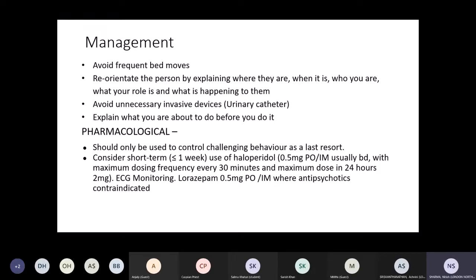Sometimes with an agitated patient, we would just put the walls up and ignore the patient completely. It's amazing how sometimes just by explaining to the person where they are, who they are, who the family members are, they are able to understand everything and settle down without any medication.